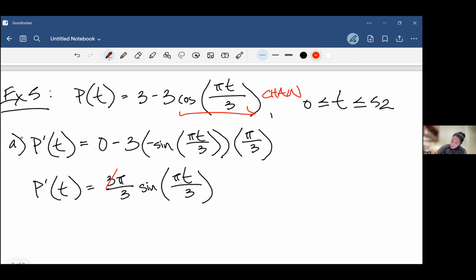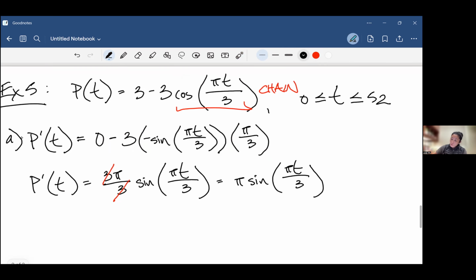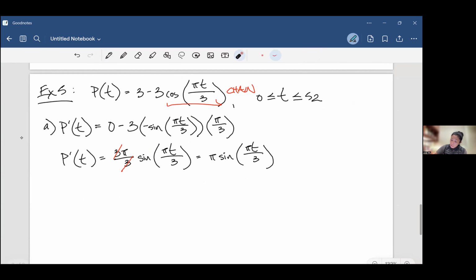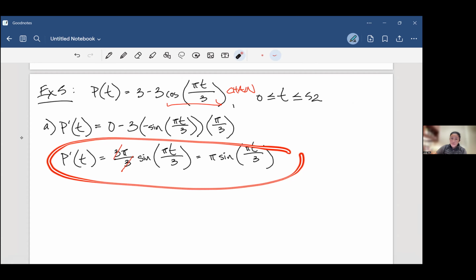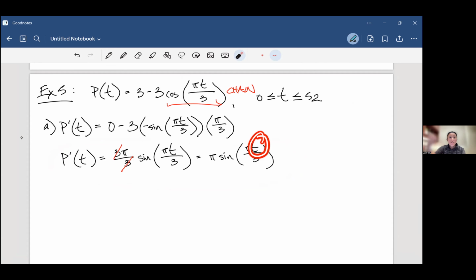Then I know that 3 and 3 reduce to 1, so I don't have to write them both, and I just get pi sine of pi t over 3. Okay? So if I wanted you to plug in a value for t after you've got your derivative, everywhere you see a t, you would just plug in whatever value there is there. Okay?